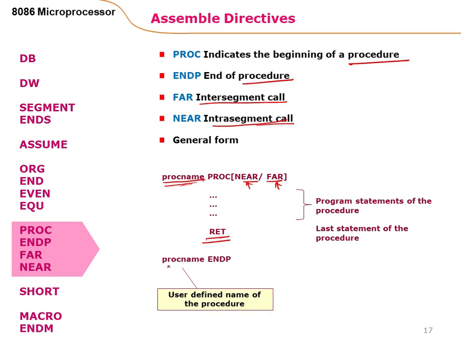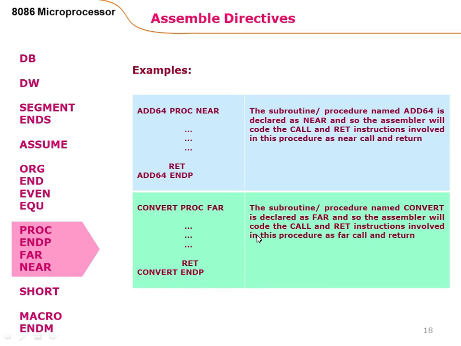Here the procedure name is given, and ENDP means the procedure ends. These are some examples given for procedures, such as adding 64-bit numbers and converting from BCD to hexadecimal; we can write a program like this, and this is the syntax.